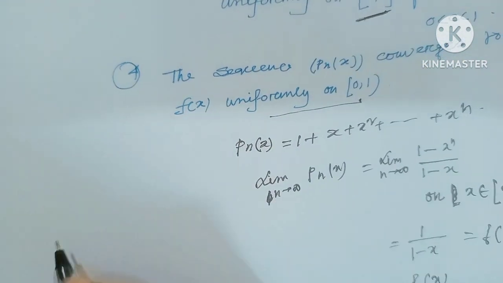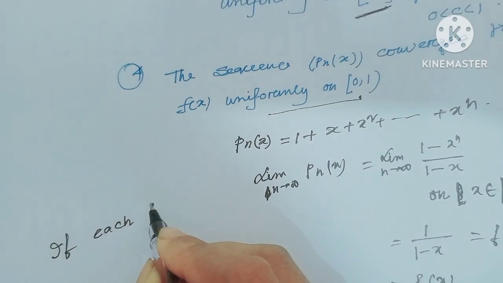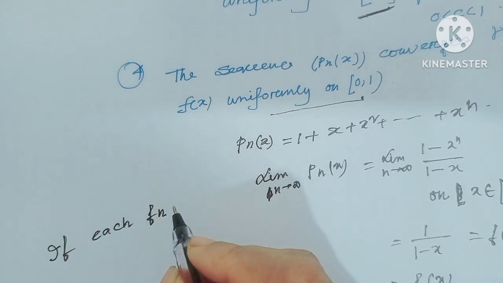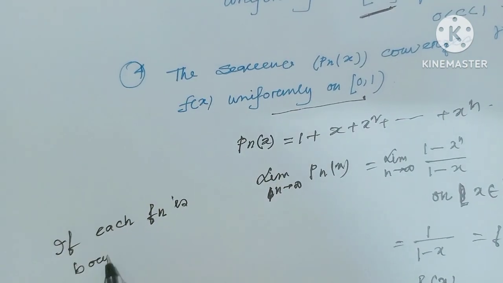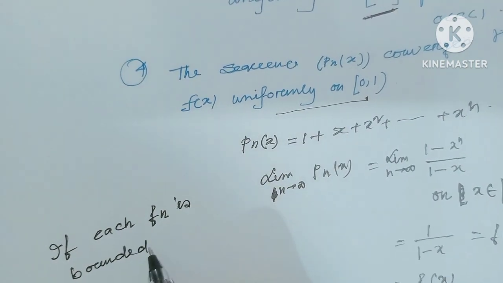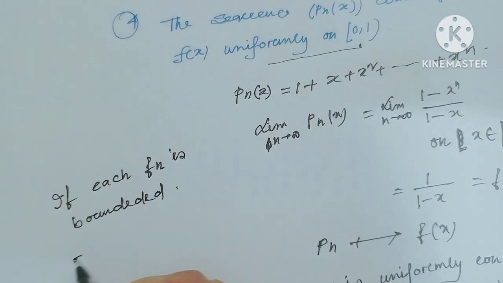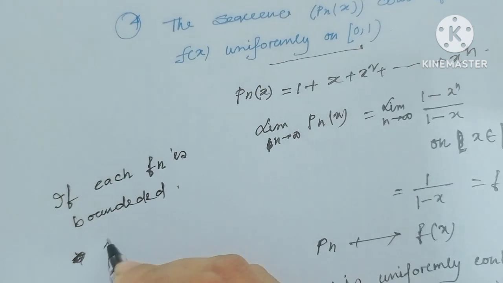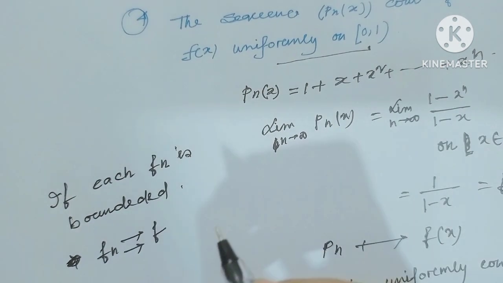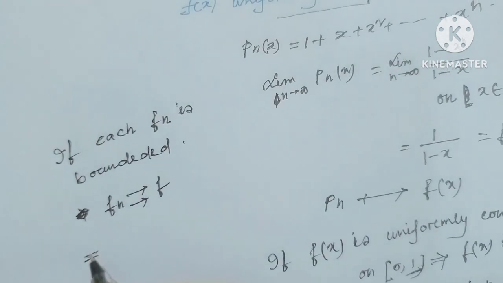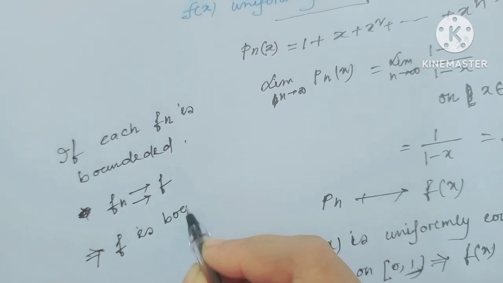We all know that if each fn is bounded, and fn converges to f uniformly, then f is always bounded.